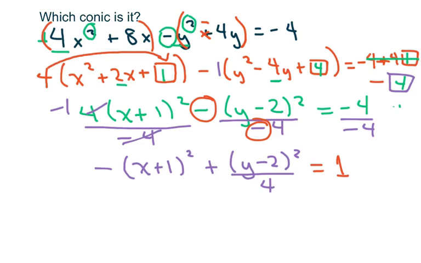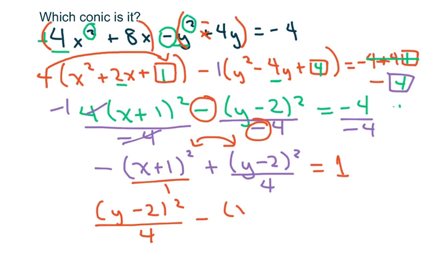And that's not the standard form. This would be over 1. So I'm going to switch these two around. So I get (y minus 2) squared over 4 minus (x plus 1) squared over 1 equals 1. Now it's in hyperbolic form.